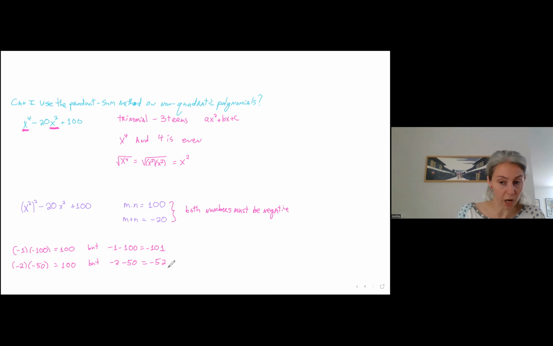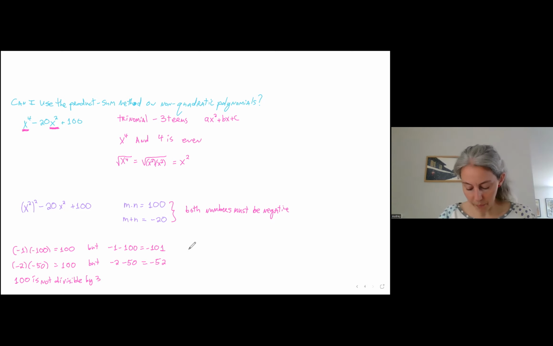So then we'll move on to 3. 100 is not divisible by 3. So we'll move on to 4. -4 times -25, that does equal positive 100, but again, -4 minus 25 is equal to -29.